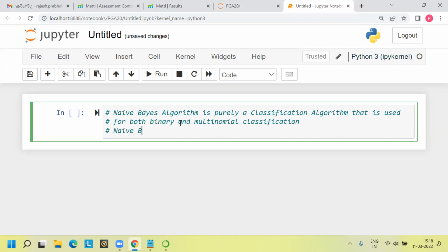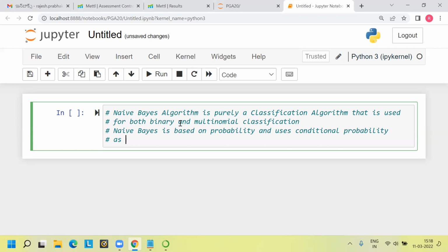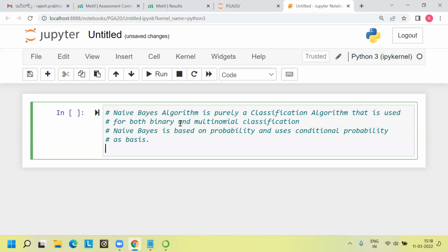Naive Bayes is based on probability and uses conditional probability as its basis.